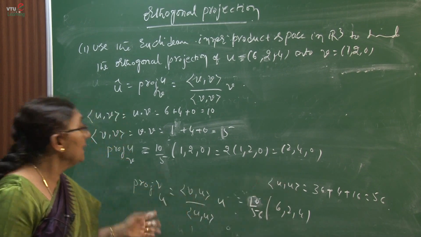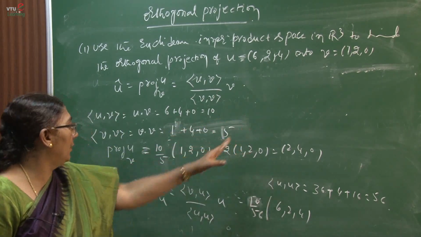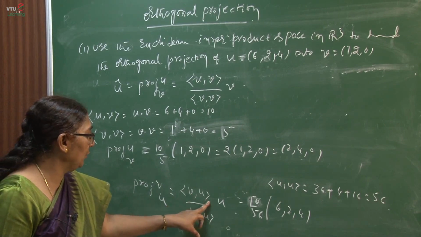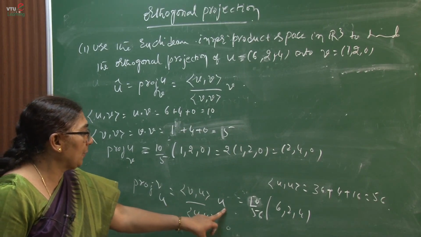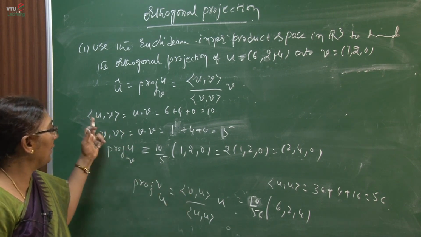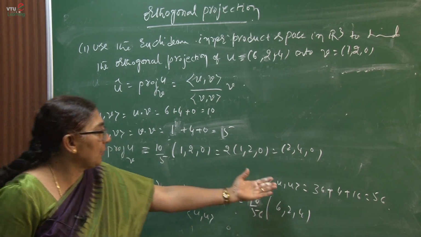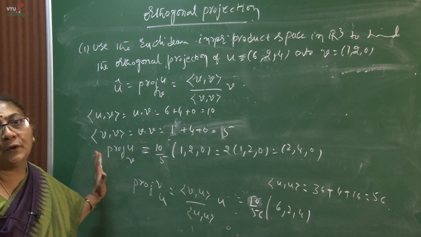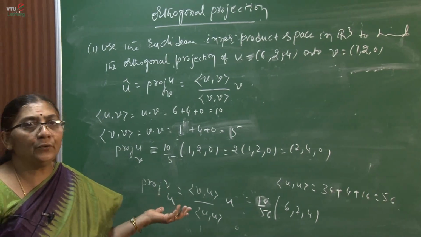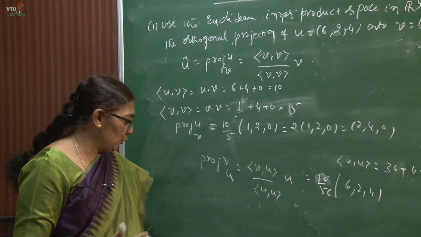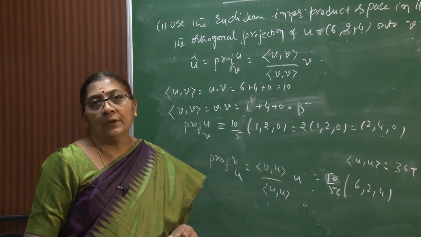Similarly, proj of v with respect to u is the inner product of v comma u divided by the inner product of u comma u, into u. By symmetry both inner product values are the same; substitute and simplify. This is the way to find the projection of u onto v or v onto u. Okay, thank you.